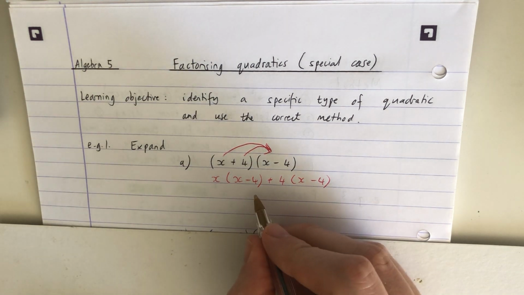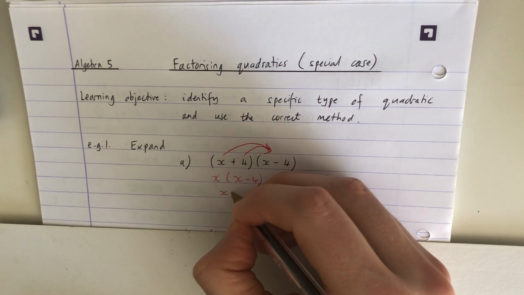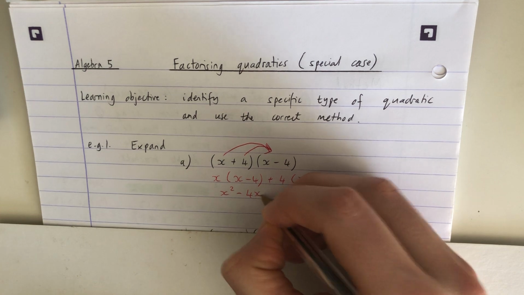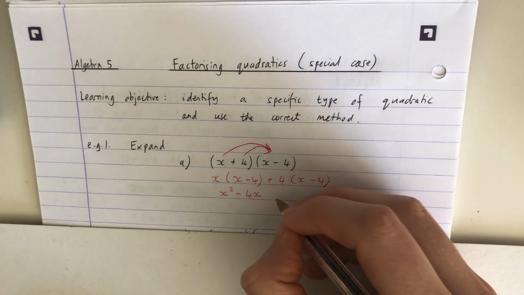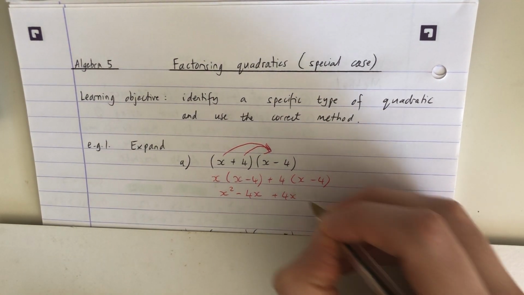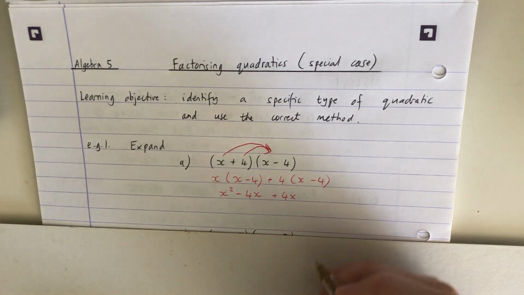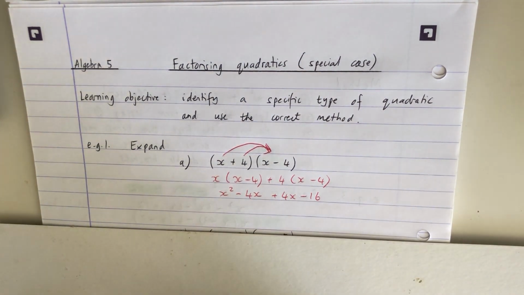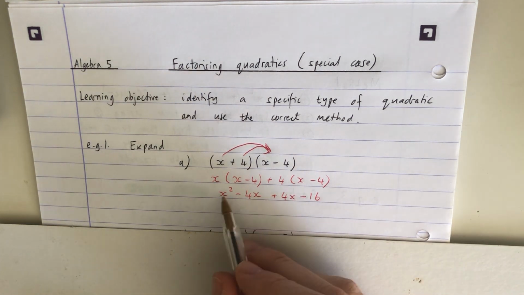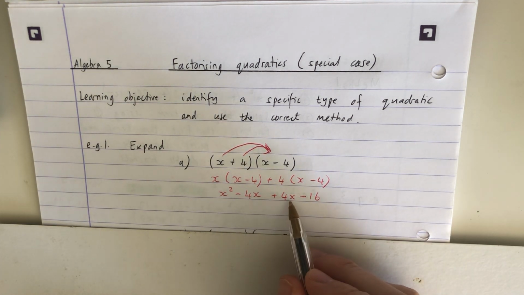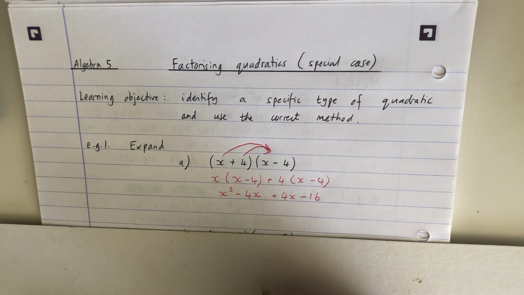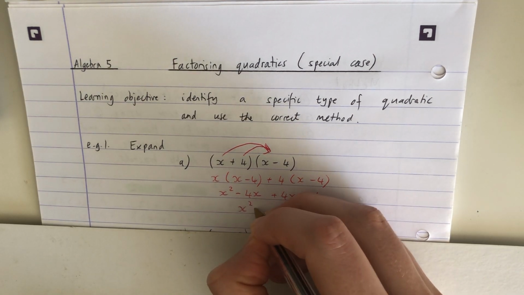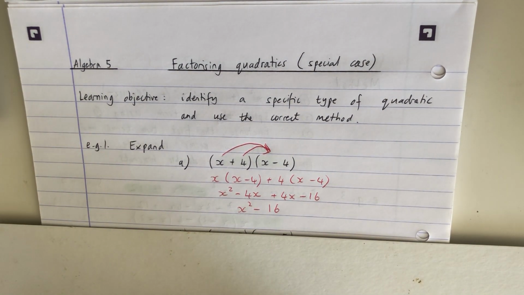And then expanding the brackets, x squared minus 4x. Expand the brackets, 4x, 4 times negative 4 is a negative 16. Use your calculator, don't believe me. And when you simplify, minus 4x plus 4x, well, they cancel each other out and you're left with x squared subtract 16.